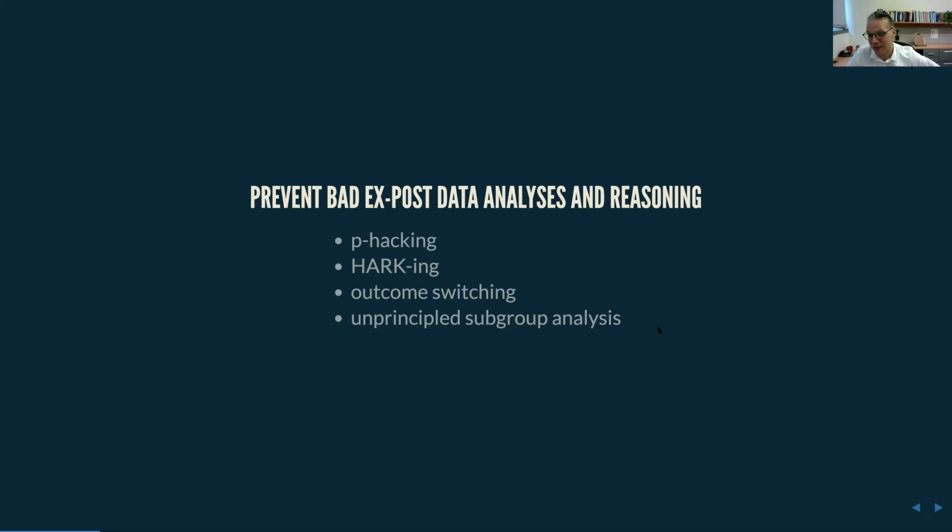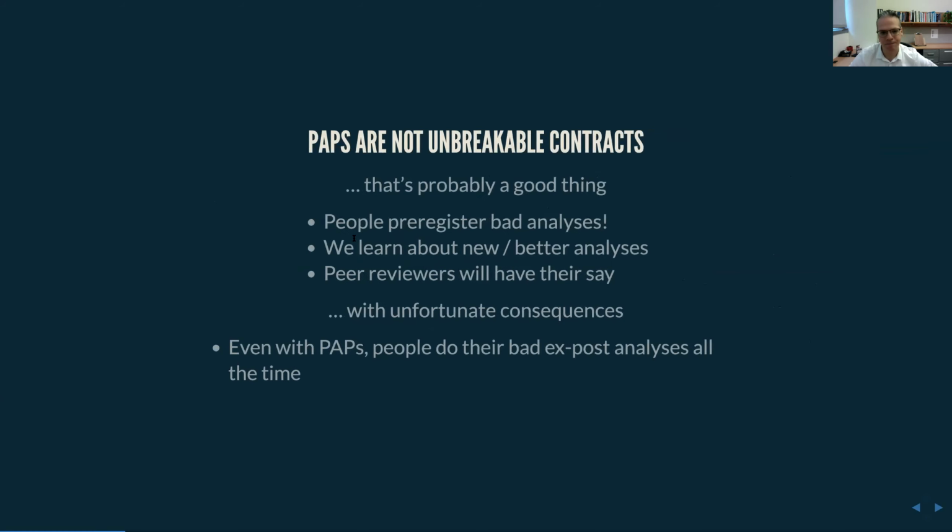It's just putting your finger in a dam to try and stop people from doing these things. The purpose of the pre-analysis plan is to say, well, which ones of these things were thought of before and which ones of these things were thought of after? Because if you're a Bayesian and you're evaluating the work, you evaluate one class of analyses different from the other class. Okay, PAPs are not unbreakable contracts, and that's a good thing.